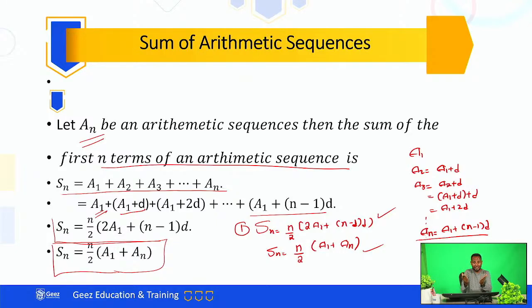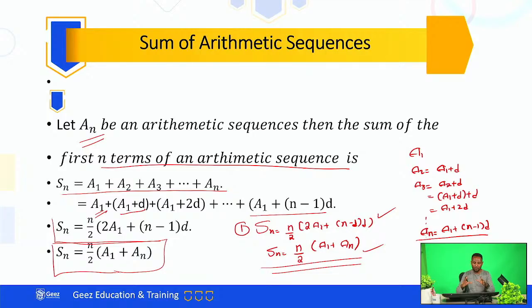And if you are given the first term and the nth term, then you can find the sum of the first n terms using this formula: n over 2 times the first term plus the nth term. Both are equivalent formulas. One comes from the other by rearranging, so we use them alternatively depending on what is needed. You got me?